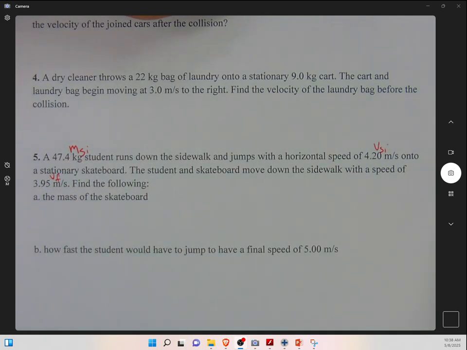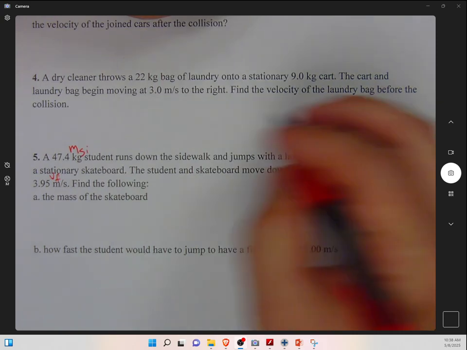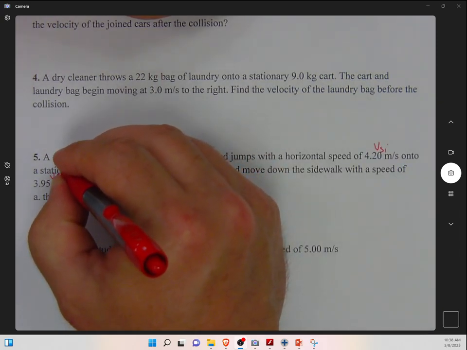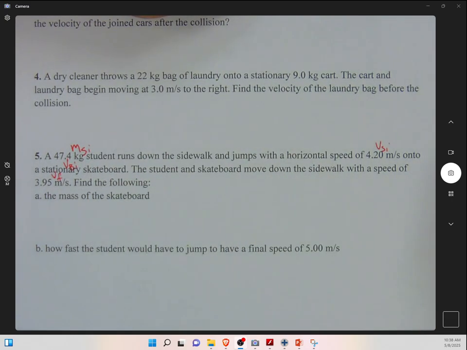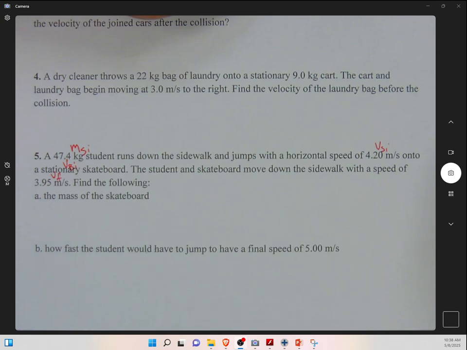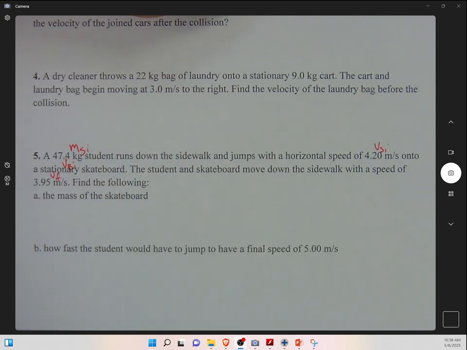So that means I can use the factored out version of this. The board is stationary, so that means the initial velocity of the board is 0, and I'm looking for the mass of the skateboard.